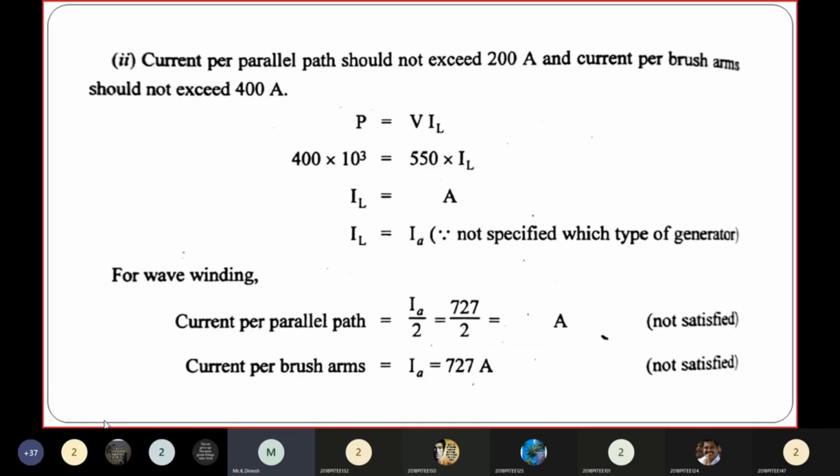So first, what do we know? Power equal to V into IL. Understood? So my P should be 400 kilowatts which is given and my voltage is 550 given.